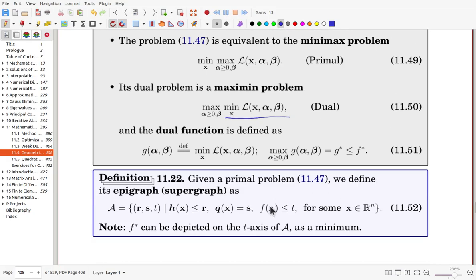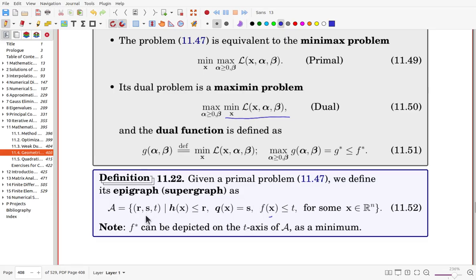Now in this section, we'll begin with defining the epigraph of the problem. Now A is the collection of (r, s, t), where r is larger than or equal to h, and s is equal to q of x, and t is larger than or equal to the original objective function.